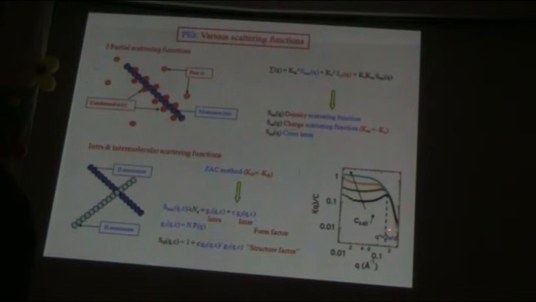If you have a neutral macromolecule and you increase the concentration, of course you increase the intermolecular term, but you never have this kind of peak. It's only due to the long range of the electrostatic interactions. But to observe this maximum, which is characteristic of polyelectrolyte solutions, you have to avoid any added salt.